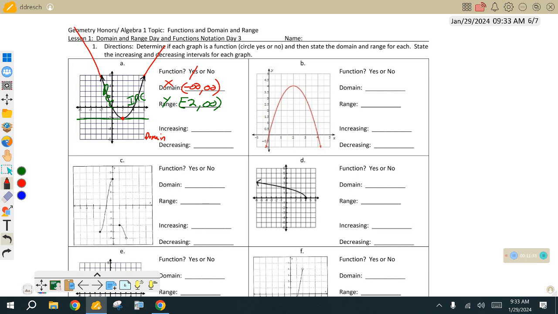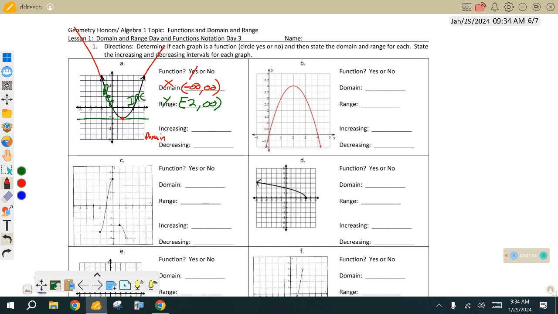We want to train our brain for looking at the x's. So when we say this is decreasing, I want you to tell me what x values this graph is decreasing over, okay? Decreasing on. So this decreasing here, as you said, starts off where?